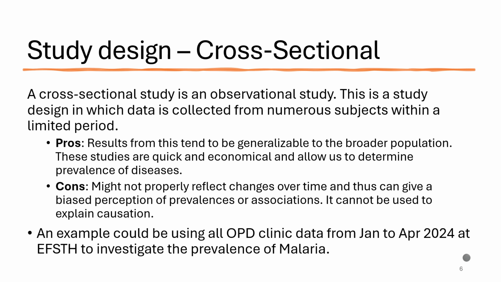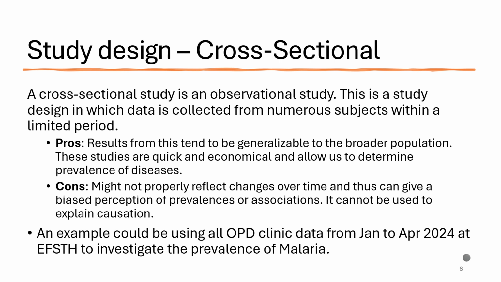The cons, however, are that it might not properly reflect changes over time, and thus it can give a biased perception of prevalences or association, and it cannot be used to explain causation.